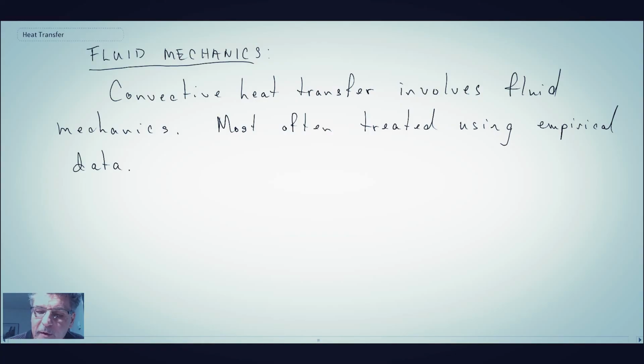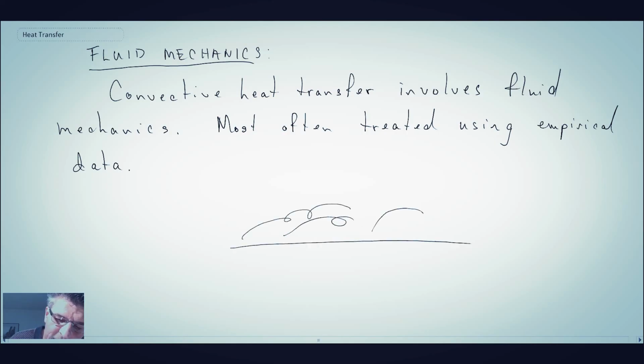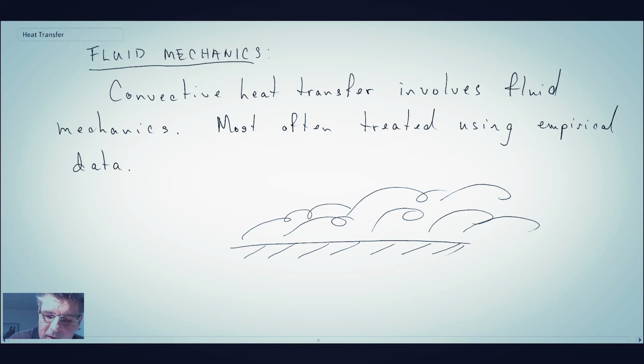We can do laminar analysis, but as soon as you start getting complex shapes and if you get turbulence forming in the convective heat transfer over the surface, so let's say you had a turbulent boundary layer here, then all of a sudden it becomes very difficult to be able to predict what the heat transfer rate is, and we usually show that with the convective heat transfer coefficient. I won't get into that yet.